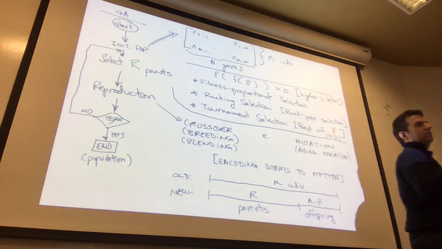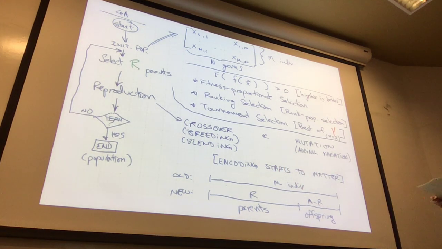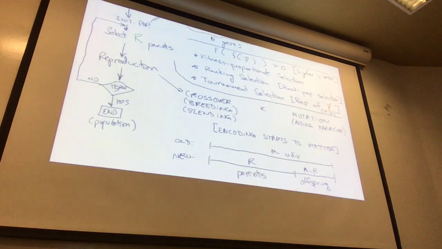Gotcha. Okay. All right, so let's see these operators. Let's start with the crossover operator, which is the kind of numerical version of sex in these populations. And so there is a new hyperparameter that we call PC, for probability of crossover.